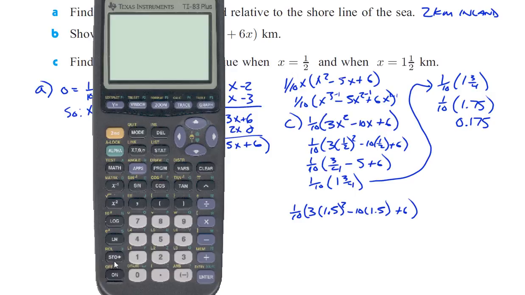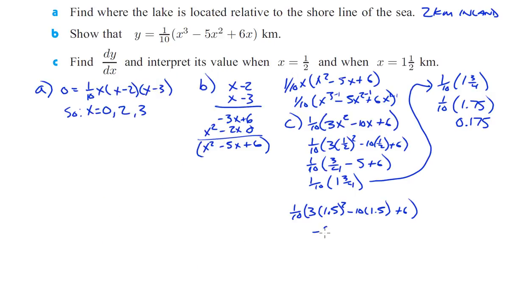Okay, let's just put it in our calculator to save ourselves some time here. So 1 divided by 10 times 3 times 1.5 squared minus 10 times 1.5 plus 6.